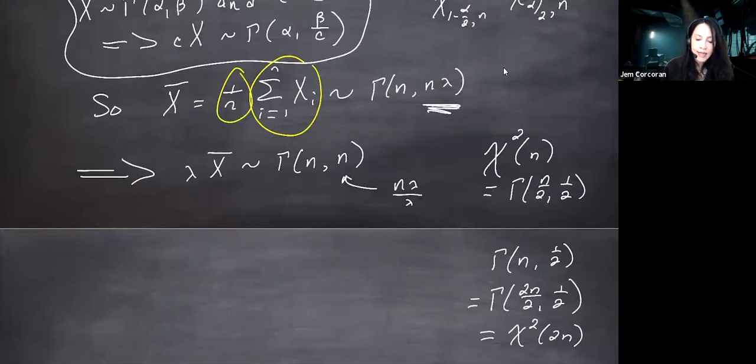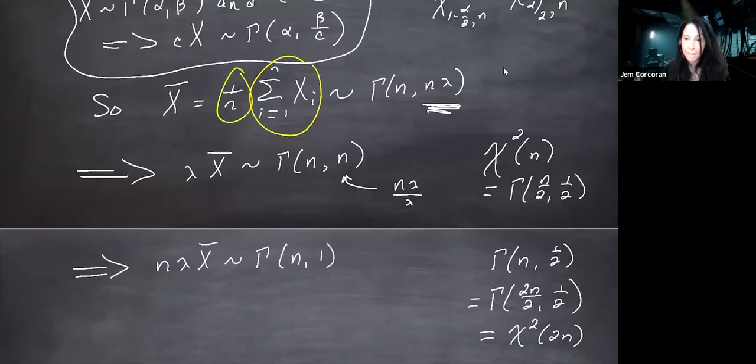So I can take care of the n over here, but I do need a 1/2 in the second position. So why don't I, and you would probably do this all in one step, but I'm just kind of breaking it down. If I multiply by n, then that will cancel out that n, and I'll have a gamma n, 1.